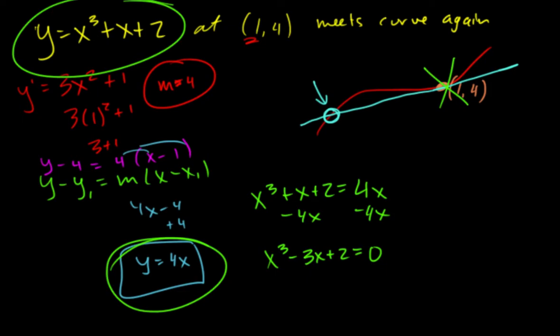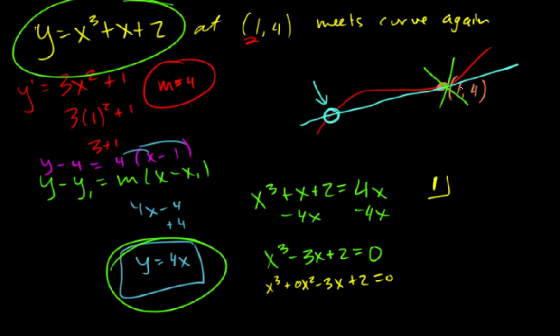Okay, now there's a couple ways we could approach this. We know it crosses at 1, so we could do synthetic division on this, thinking of it like x cubed plus 0x squared minus 3x plus 2 equals 0.